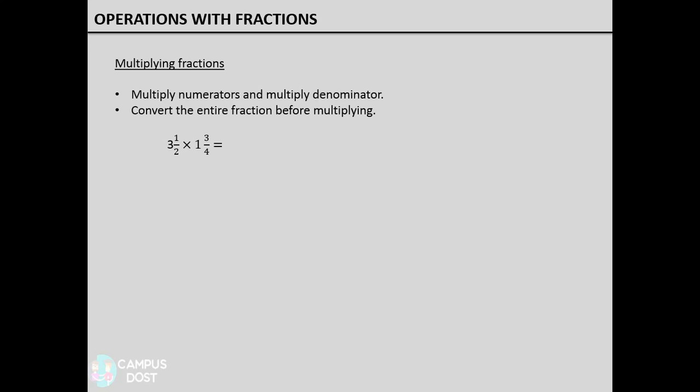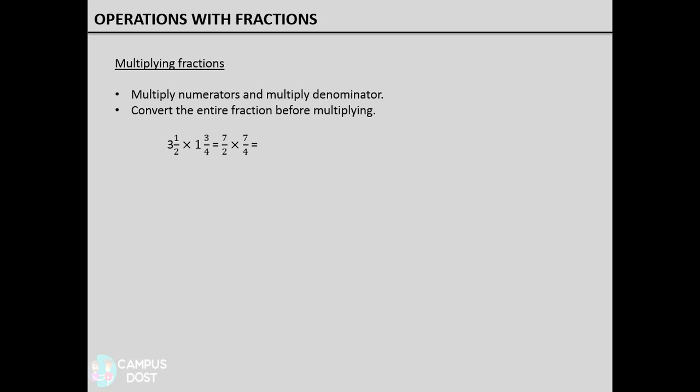What about this example? How do we handle mixed numbers? Well, the rule here is to first convert any mixed number to an improper fraction before multiplying. So first we will rewrite 3 and 1/2 as 7/2 and then we will rewrite 1 and 3/4 as 7/4.